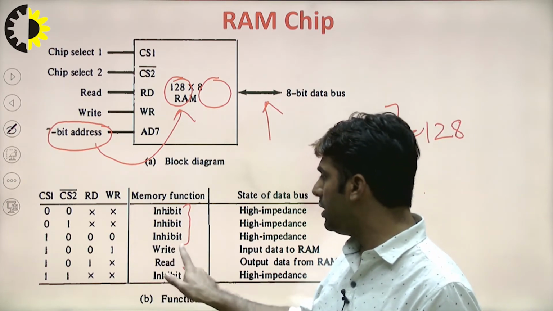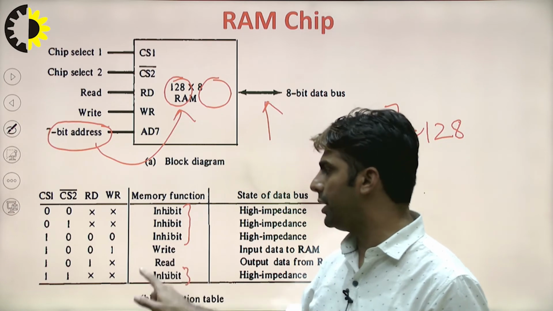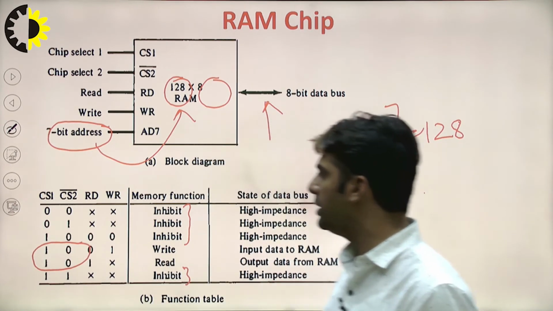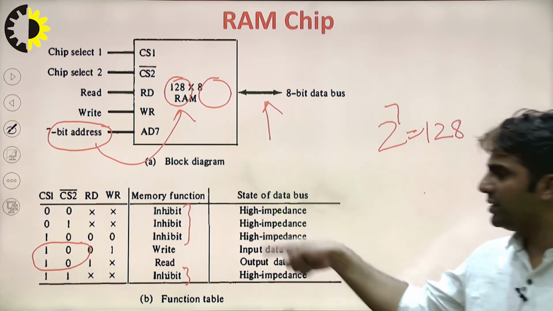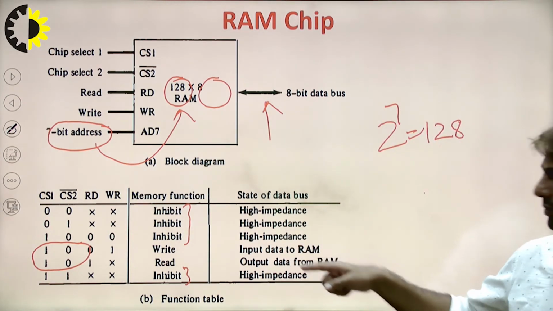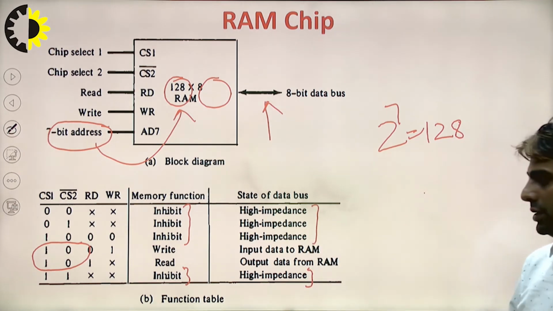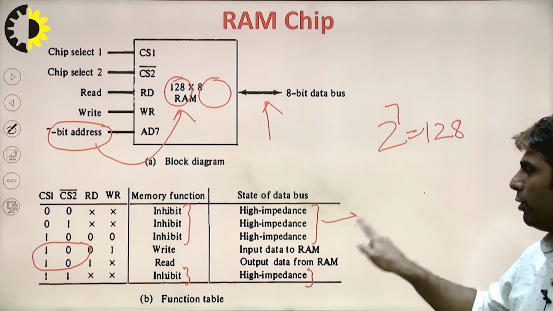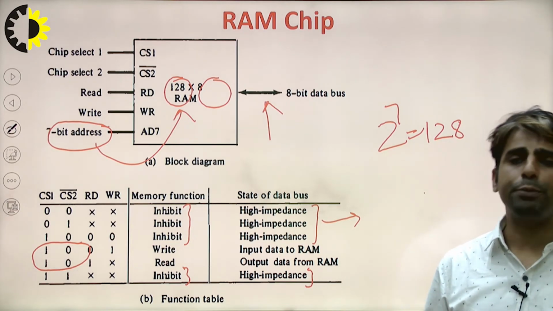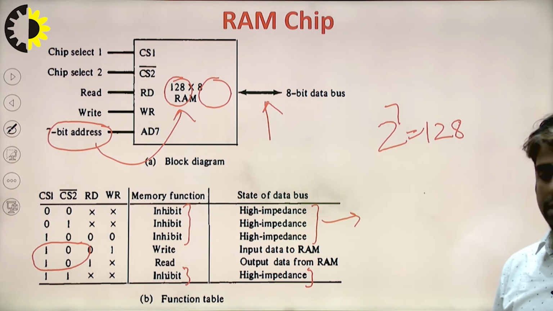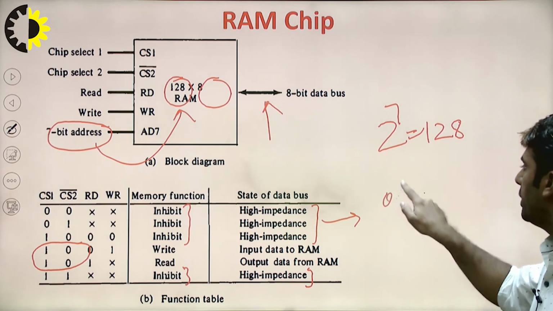You can read or write the data when we have these inputs 1 0 1 0, otherwise it will remain in the inhibit state. Inhibit means it is in high impedance. As we understand from the concept of tri-state buffer, there is a high impedance state, that means it is an open circuit.